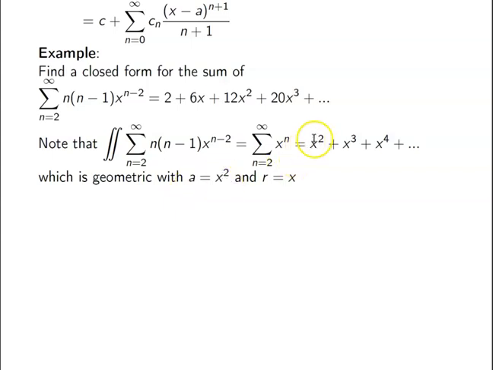The first term is x squared, and then I have a times x, so x squared times x, and so forth. So I can plug it into the summation formula: a over 1 minus r is the sum of this series. This is the closed form of the function for this power series, x squared over 1 minus x.